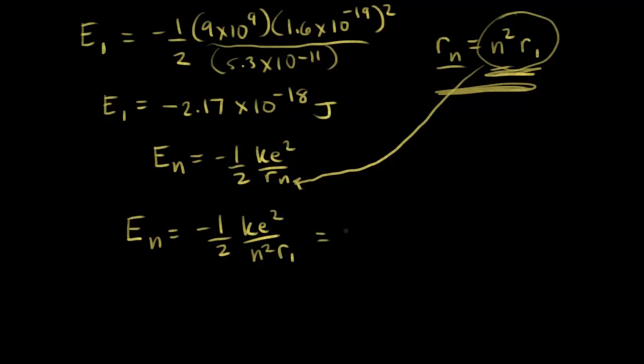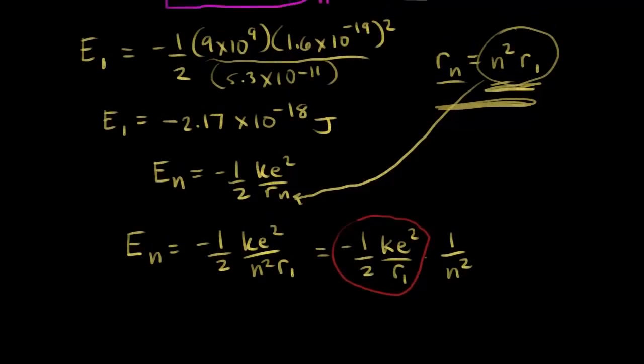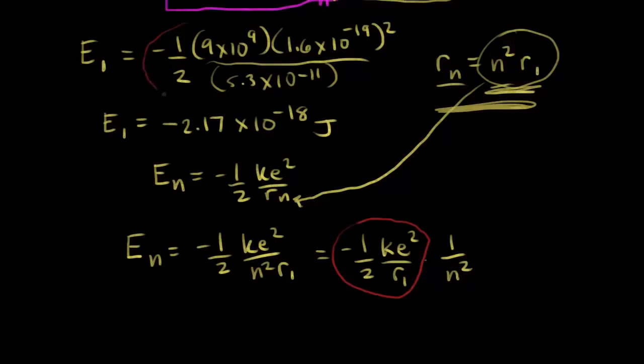This is the same thing as negative 1/2 ke squared over r1 times 1 over n squared. I just rewrote this in a certain way because I know what negative 1/2 ke squared over r1 is equal to. We just did the math for that.